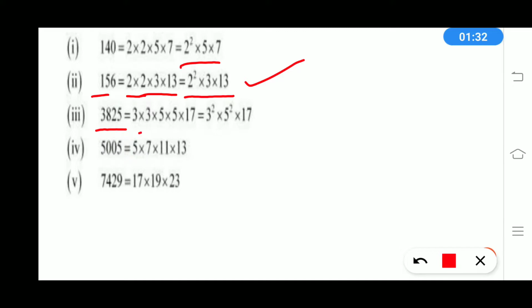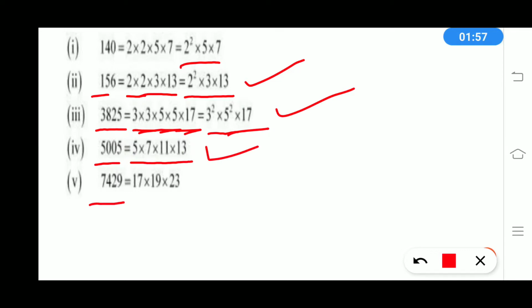3825 equals 3 into 3, 5 into 5 into 17. So 3 square into 5 square into 17. Next, 5005 equals 5 into 7 into 11 into 13. So all are prime factors and all are different. So this is the answer.